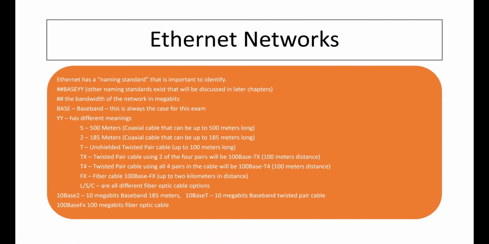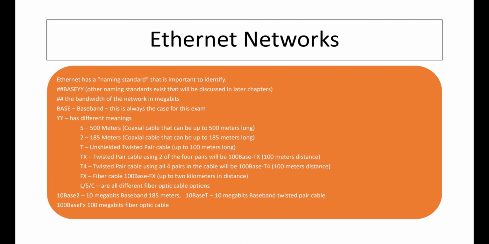Ethernet networks have a naming standard. This naming standard gives us an idea of the bandwidth supported by the Ethernet, along with the type of cable used, or the length in the old specifications in classic Ethernet. So it starts off with a number, we'll say 10 or 100 or 1000.